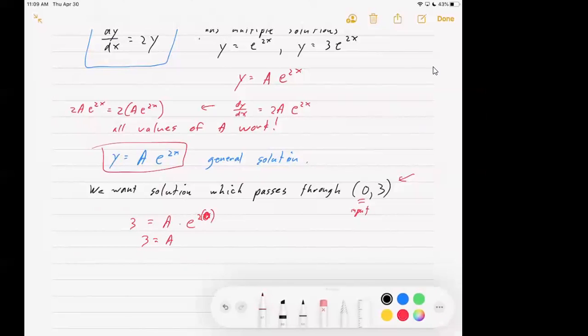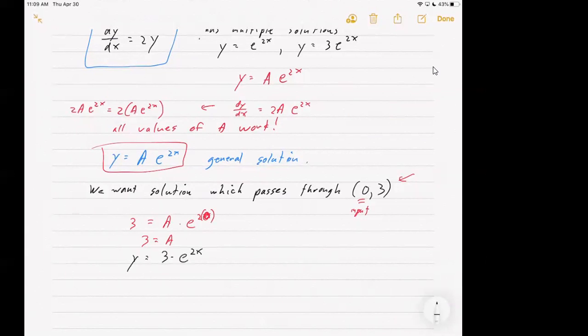So the solution that we had given before, y equals 3 times e to the 2x, is the initial value solution that goes through the initial value (0, 3).